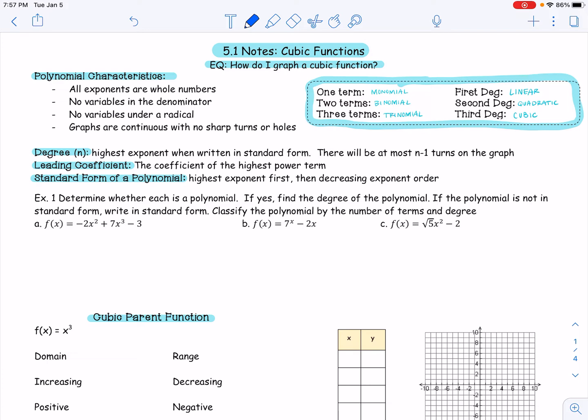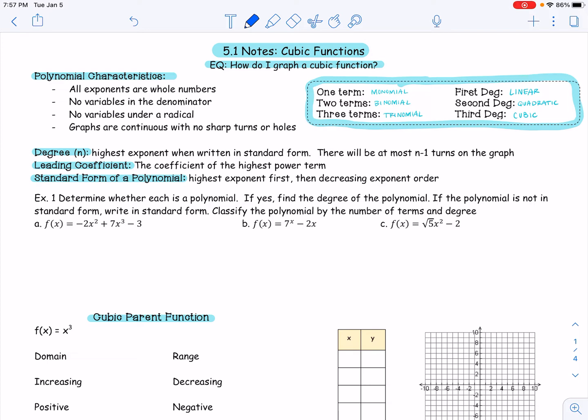So let's say the degree of the polynomial is 5, then that means the graph will have at most 4 turns, 5 minus 1. Let's say the degree is 6, then it could have at most 5 turns. That doesn't mean that it has to have all 5, but that's the highest number of turns it could have.